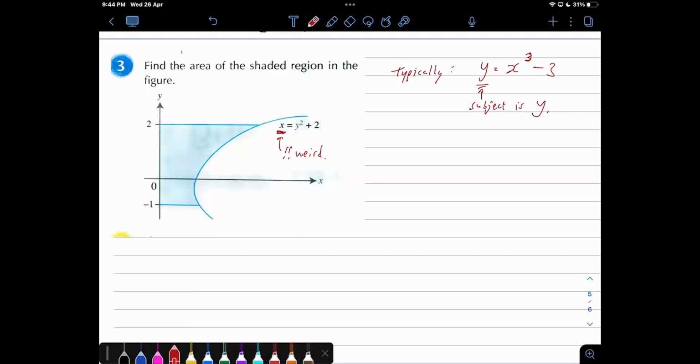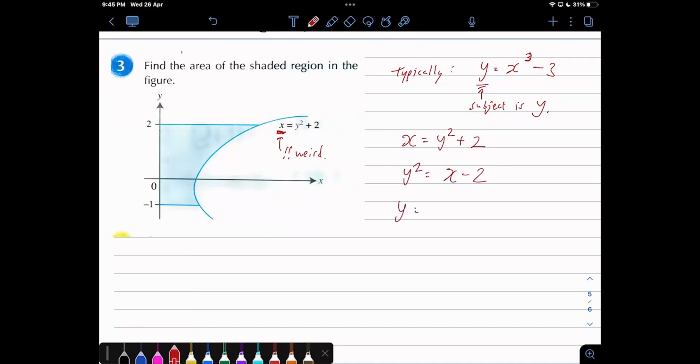So what you need to realize is that there is a topic called inverse function that is technically not in your syllabus. But the key idea here is that if we have x equals y squared plus 2, can you make y the subject? Of course you can. Y squared equals x minus 2.